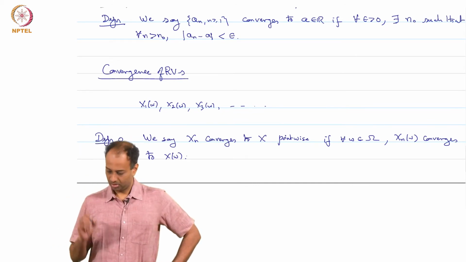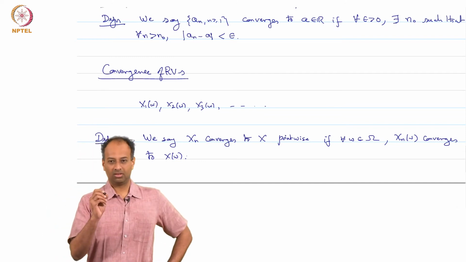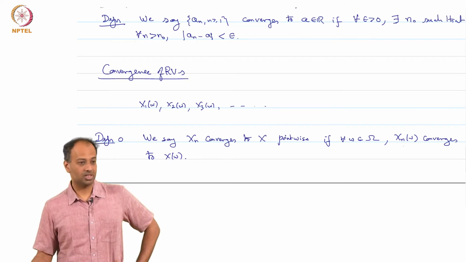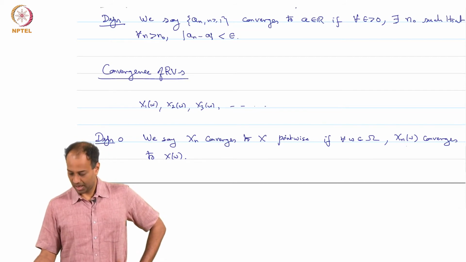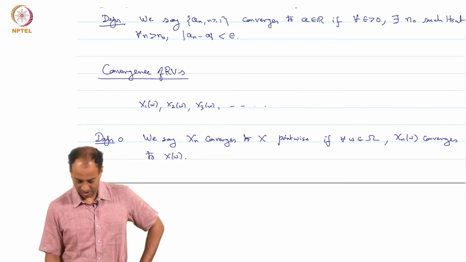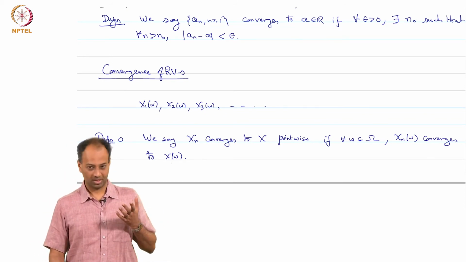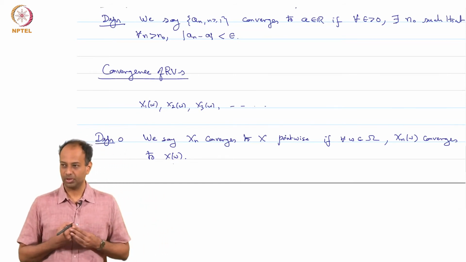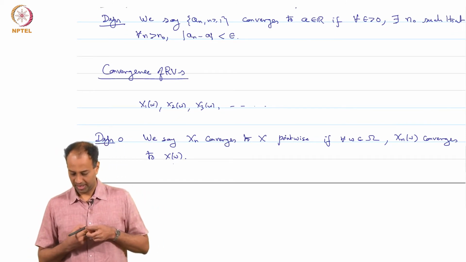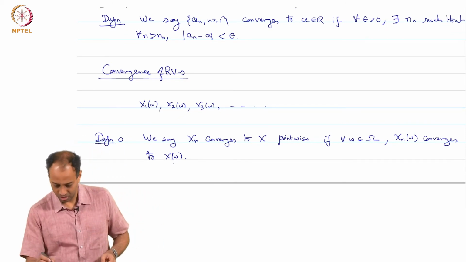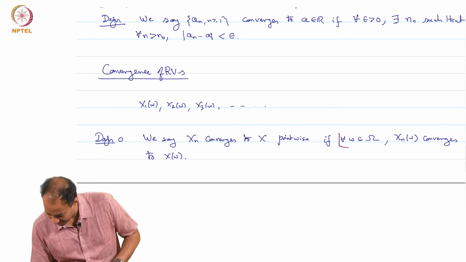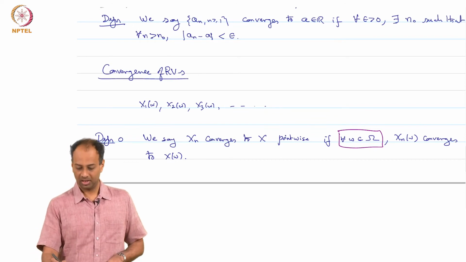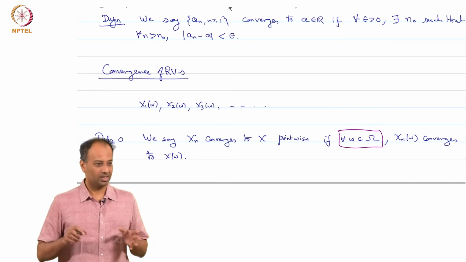So, you fix a little omega, x n of omega becomes a sequence of real numbers, and you want that x n of omega converges to x of omega, which is a real number, for every little omega. Then you say the sequence of random variables x n converges to x pointwise. Pointwise means that for every little omega in the sample space you are demanding convergence to x of omega.